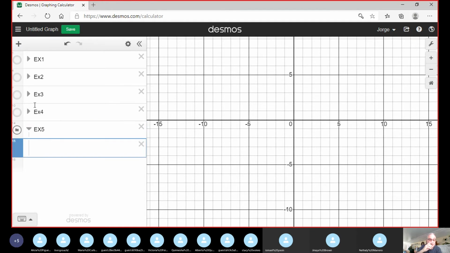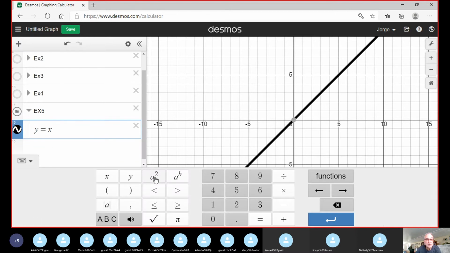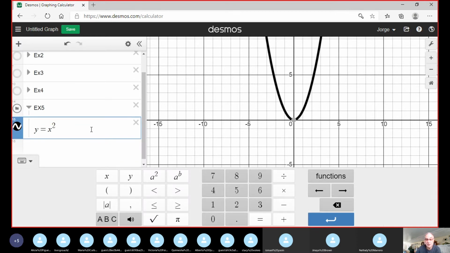And in example 5, I copy my basic function. Okay, the basic function is y equal x squared. It's the famous parabola.